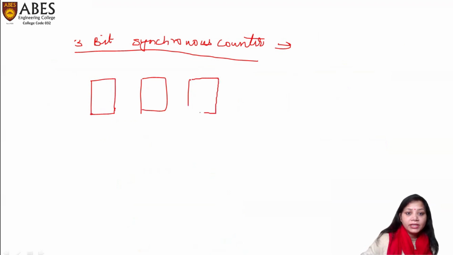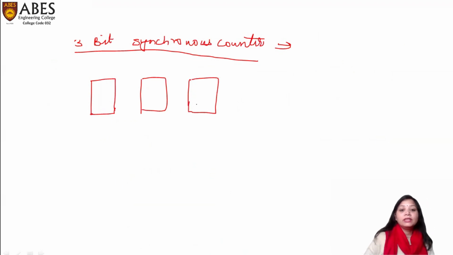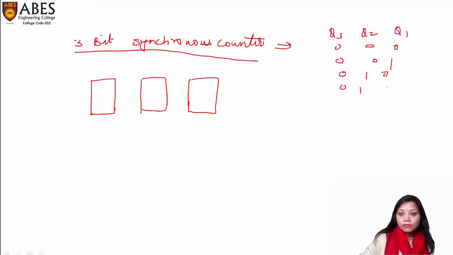But for designing the 3-bit synchronous counter, first we have to design the table for the synchronous counter. So for the 3-bit table, we have outputs Q3, Q2, Q1: 000, 001, 010, and so on.